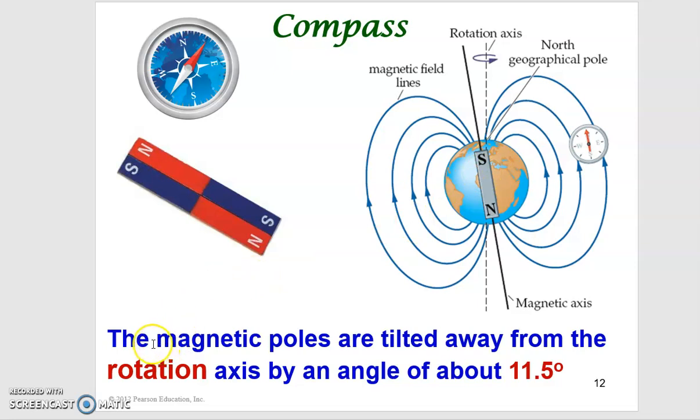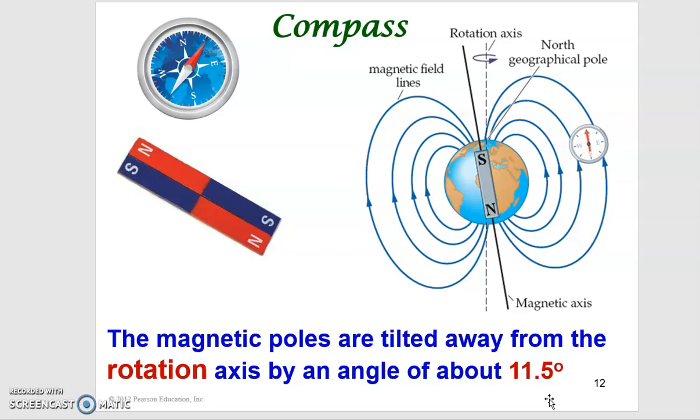Through very careful measurement, people realized that the magnetic poles, south and north, are tilted away from the rotational axis, which is the geographic poles, by an angle of 11.5 degrees. This means the true geographic north pole is different from the magnetic poles.